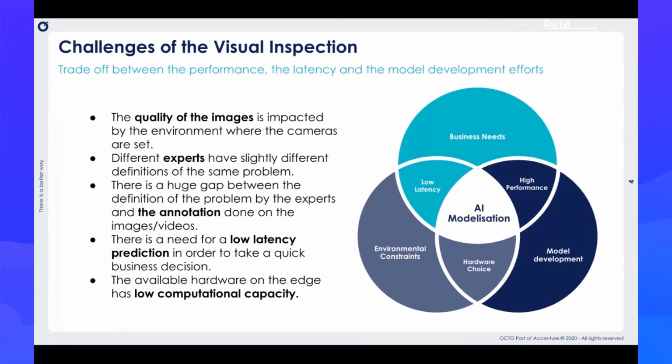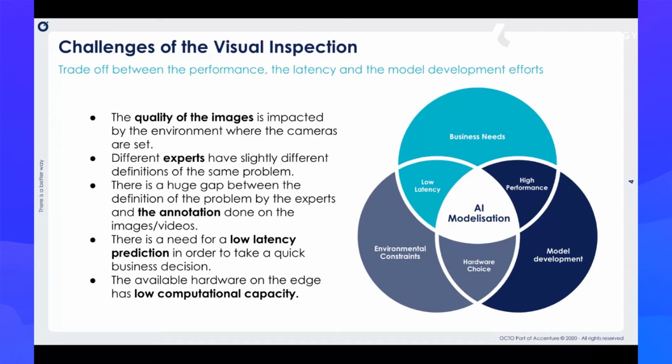How you translate the expertise given by the experts that are interacting with you into annotations is very important. And also the consistency of the annotation that you will have is very important in order to have the best model.